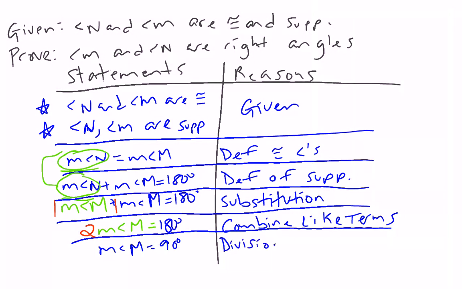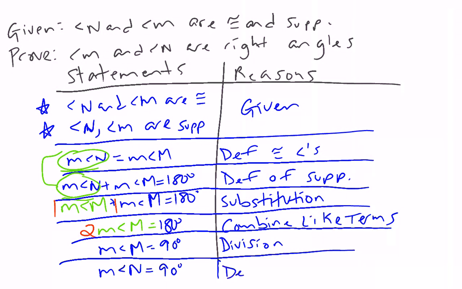If I've been working on this proof for a while, sometimes you lose track of where we were even trying to go. I was trying to prove that angle M and angle N are right angles. Well, what does a right angle mean? It means it's 90 degrees. So I'm going to hop to, first, I want to make the same statement about angle N. So angle N is equal to 90 degrees by definition of equality, that both of those are equal to 90 degrees.